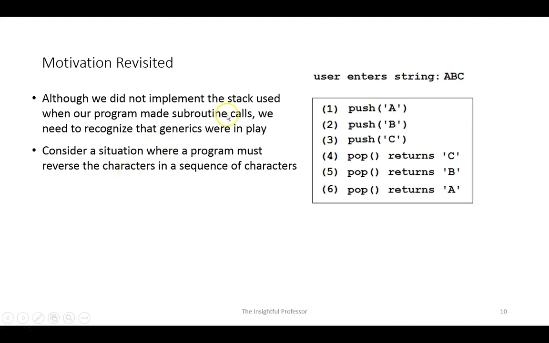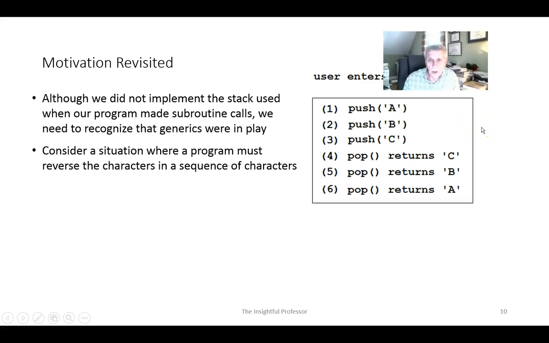So consider the situation where we wanted to reverse the sequence of characters. The user would enter, say, A, B, C in that order through a series of pushes, and we would subsequently pop, but we would pop in reverse order, getting the C, getting the B, getting the A. And that's where, after the pop, we could print something out.